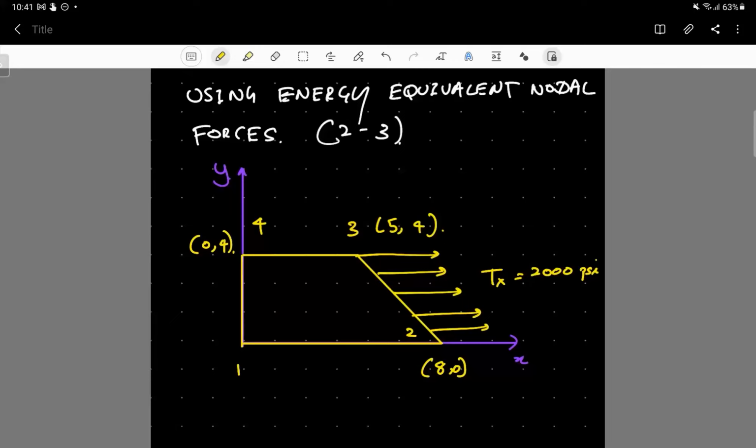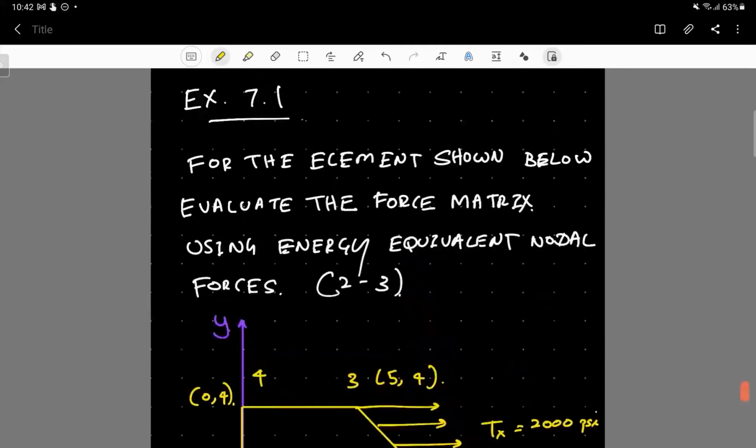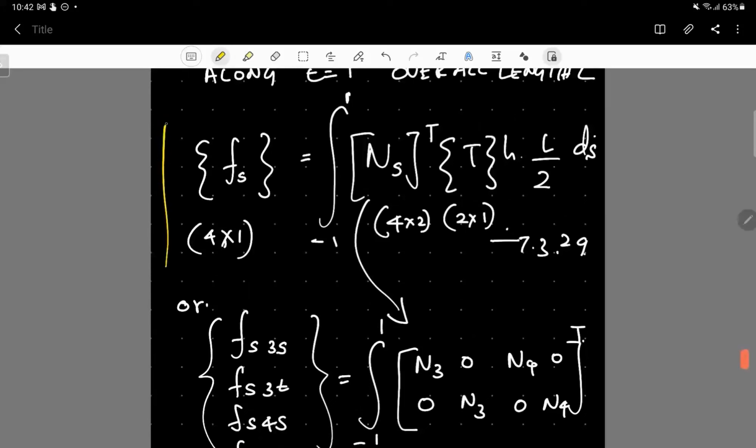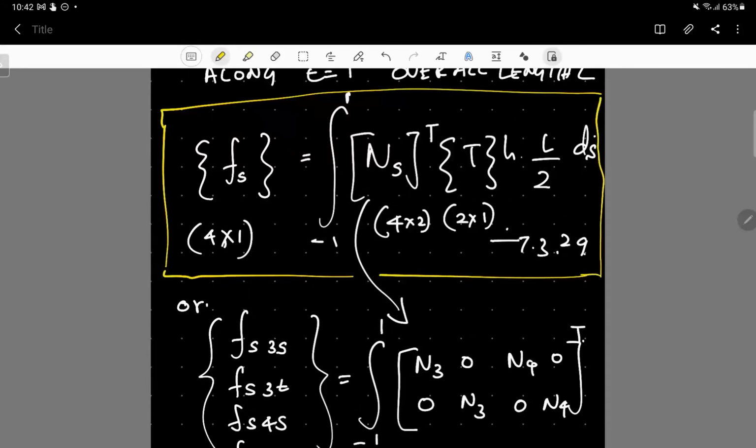You are supposed to find the force matrix using the energy equivalent nodal forces, which we just derived in the previous section, using an integral similar to 7.3.29 for evaluating the surface forces. You can use this equation to evaluate the surface forces for this particular problem.